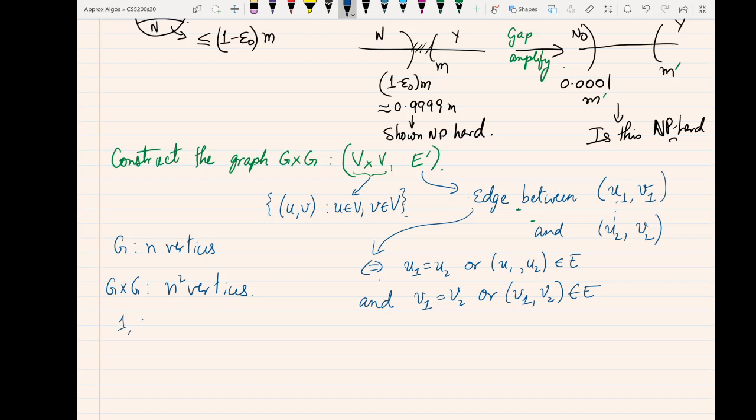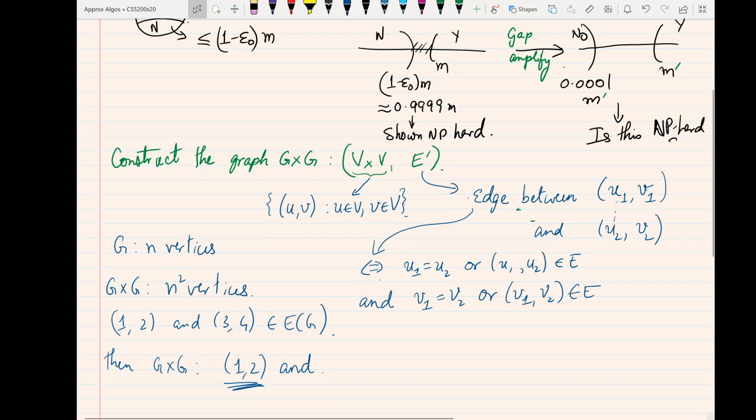So for instance, if 1, 2 and 3, 4 were edges in your original graph, then G cross G has edges between, so now these become vertices. In fact, let me simplify this example. Instead of having 4 vertices, I'm going to take G to be just a 3 vertex graph with 1, 2, 3 as the vertices.